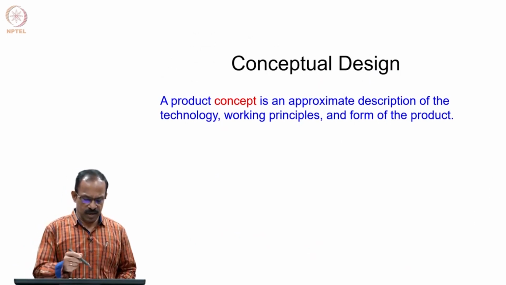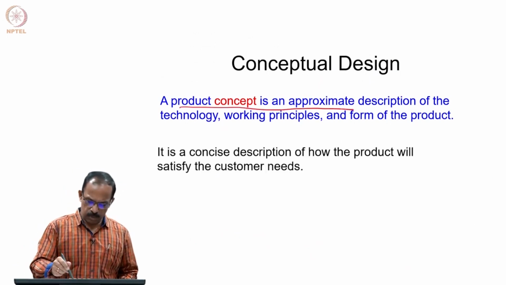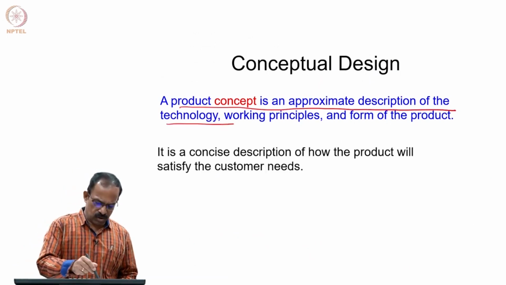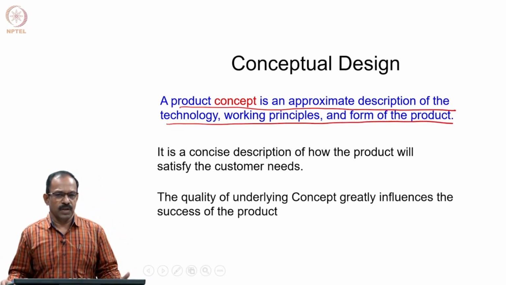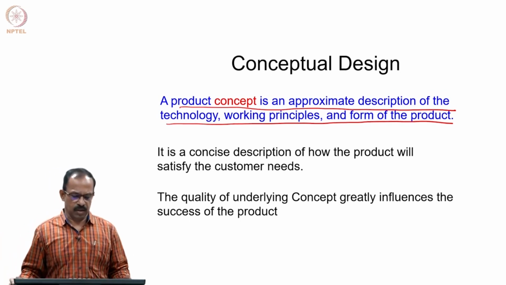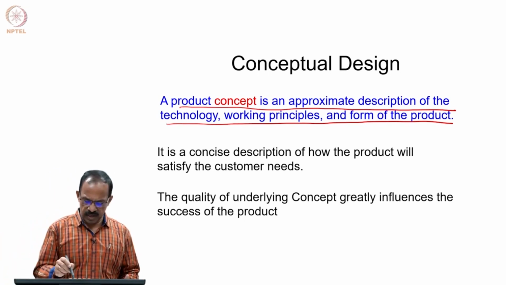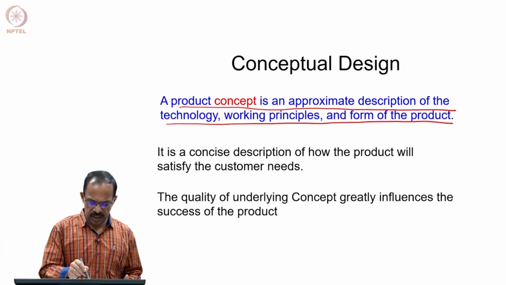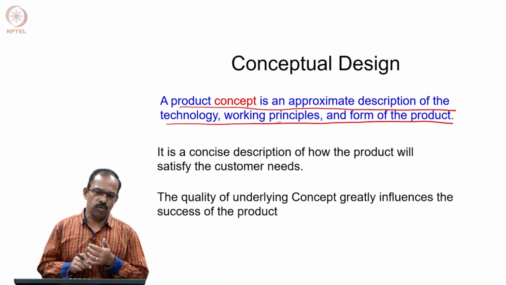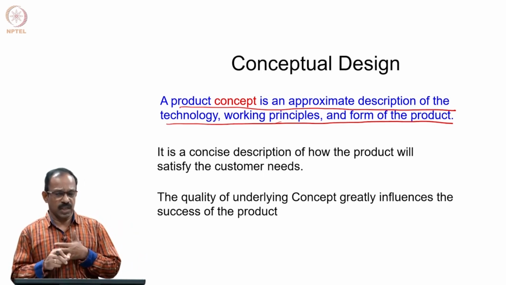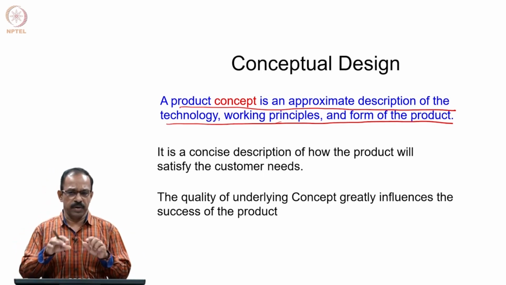So, conceptual design: a product concept is an approximate description of the technology, working principle, and form of the product. When we are trying to develop a concept, the conceptual design or a concept is an approximate description of the technology, working principles, and form of the product. So, what kind of technology you are going to use, what is the basic working principle, and what is the form, and how does it look.